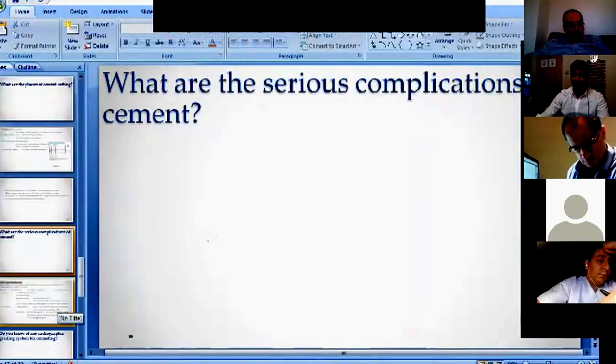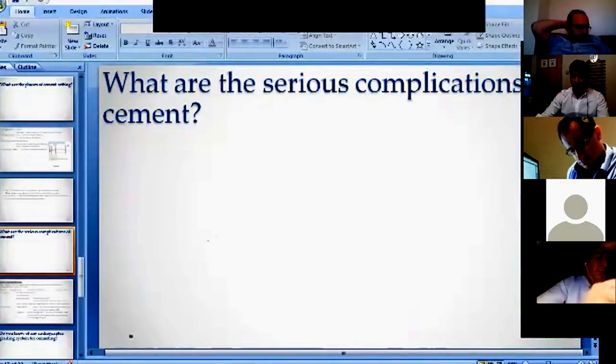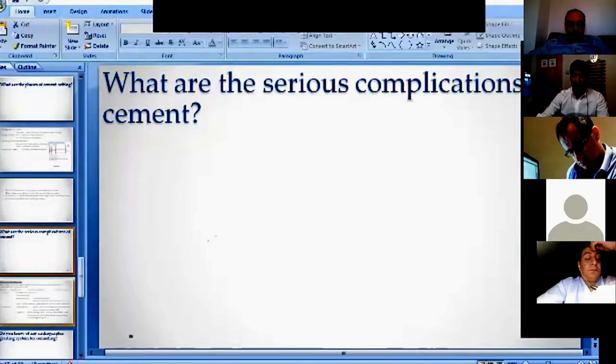The other complications of the cement can include thermal necrosis, either of the bone or the soft tissue around it, chemical necrosis of the bone, third body wear, cement mantle defects, and cement reaction in patients who are allergic to it. They are rare but significant complications and cause problems.